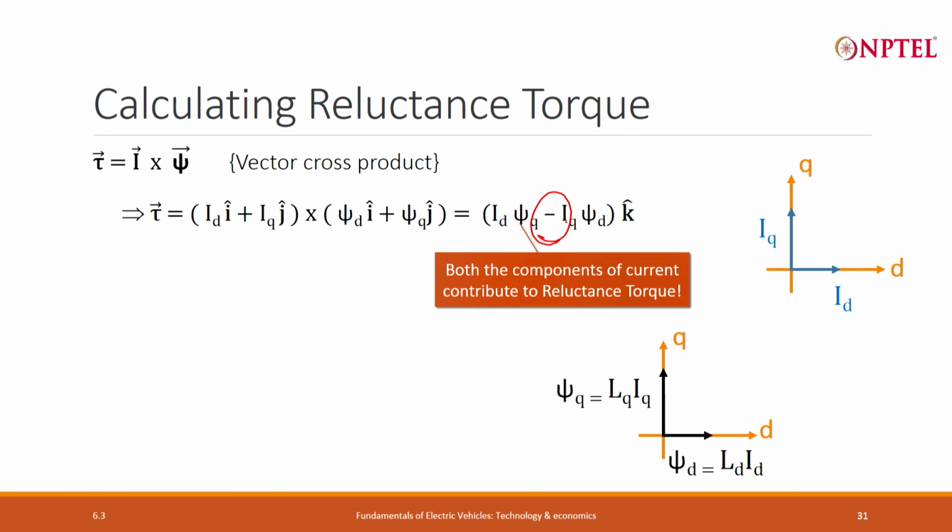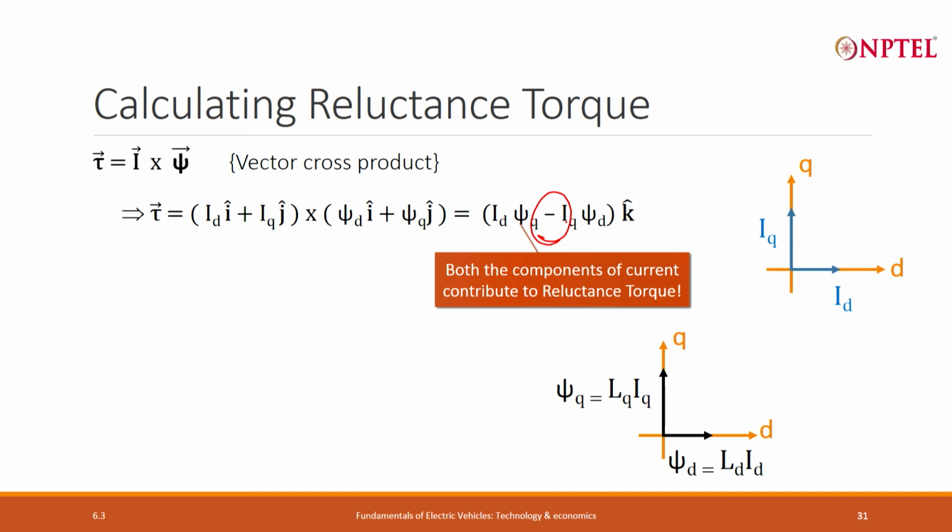And the other thing I want you to notice is that the two terms which are there in the torque, each of the terms has both ID and IQ in it. The first term is ID into xi q, but xi q itself has LQ and IQ in it, and the second term is IQ into xi d.